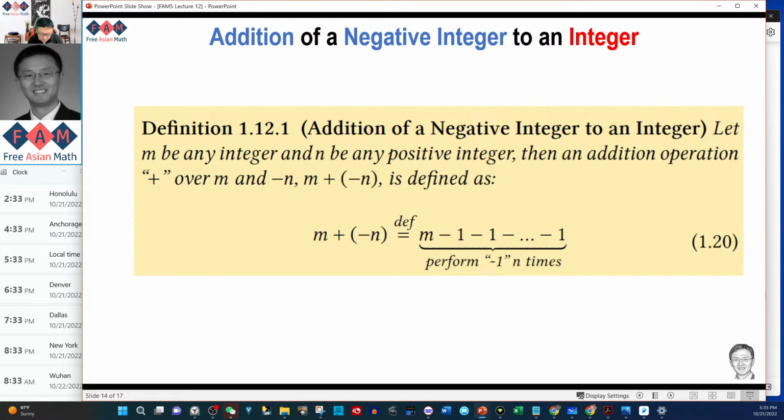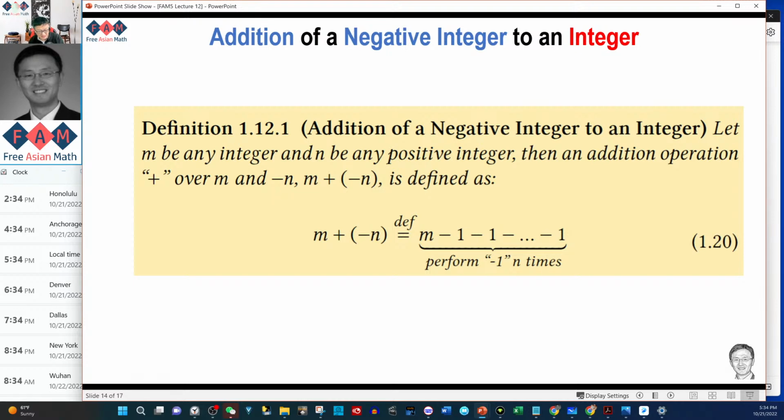Okay, let m be any integer and n be any positive integer. Why positive? You will see that because we'll take a negation. Because n is a positive integer, the addition operation over m, and very carefully, the addition operation now is on negative n, which is the negation of a positive integer n.